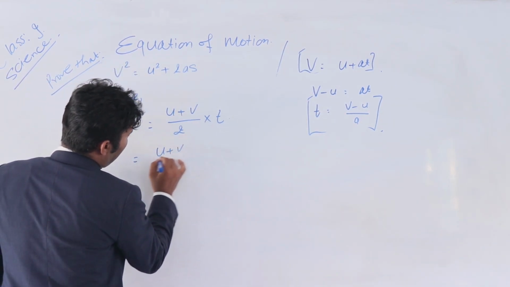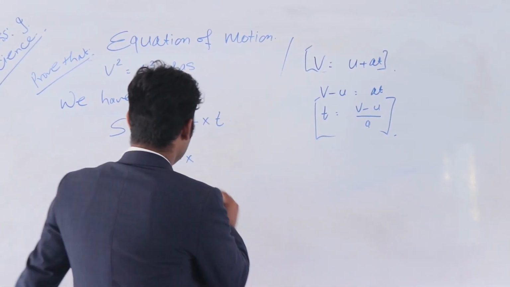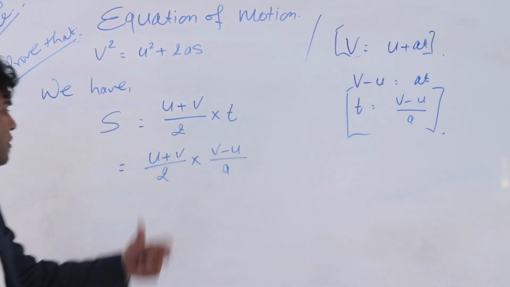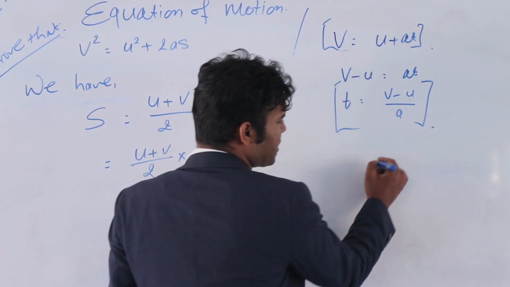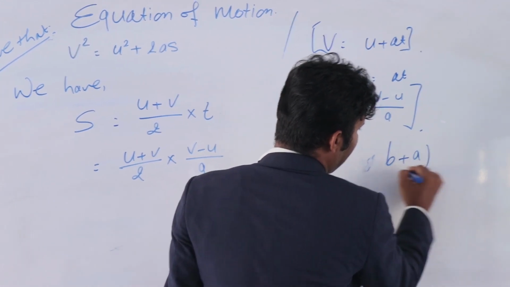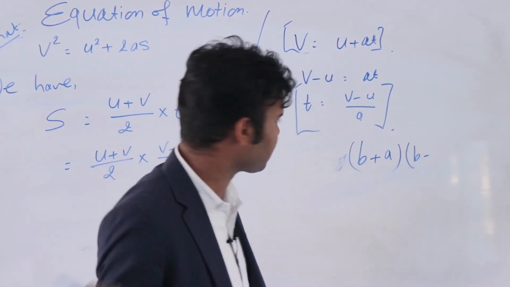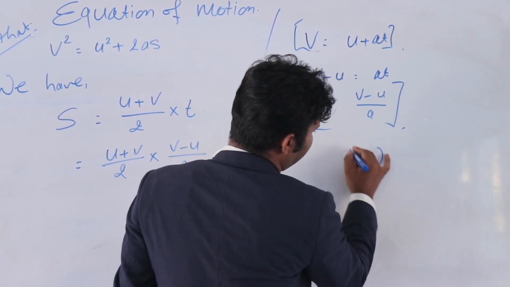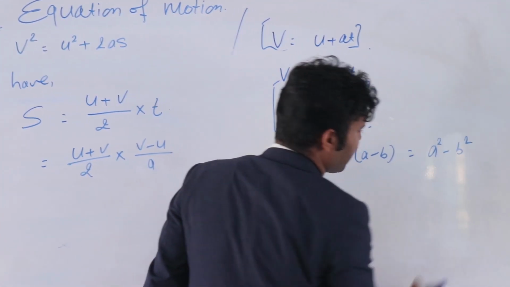Okay student, look here. u plus v upon 2 into value of t, which means v minus u upon a. Use these two terms. We know one formula in mathematics: a plus b into a minus b is equal to a square minus b square.